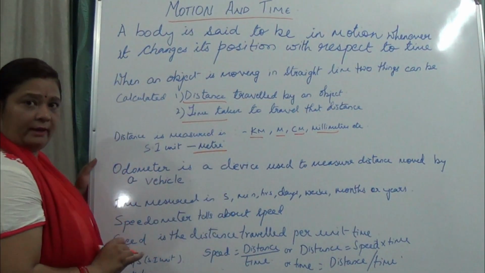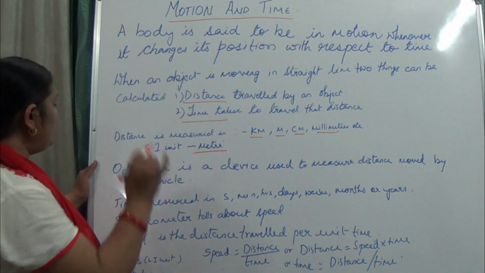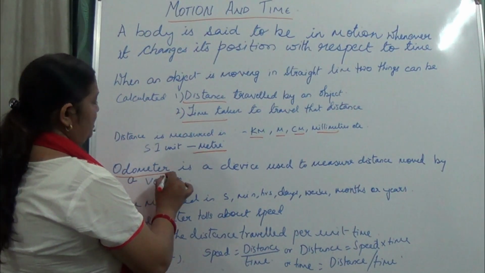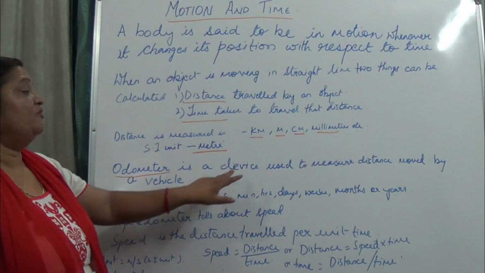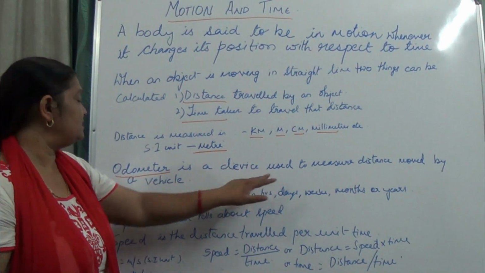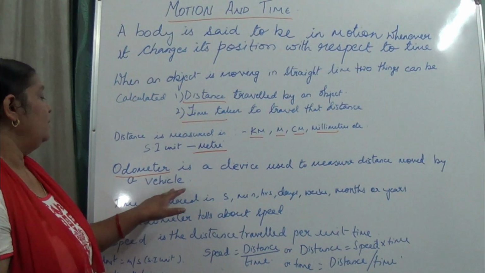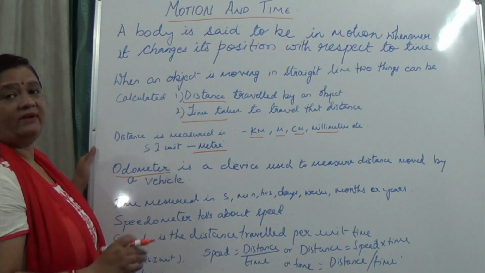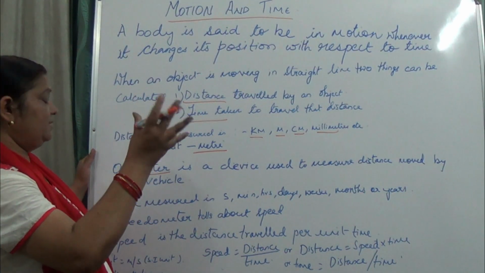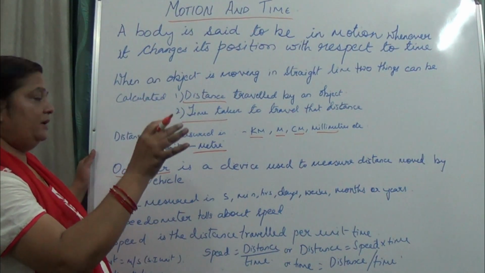Meter. Now, what is an odometer? It is a device which is used to measure the distance moved by a vehicle. In cars and other vehicles, the odometer is fixed in the dashboard.